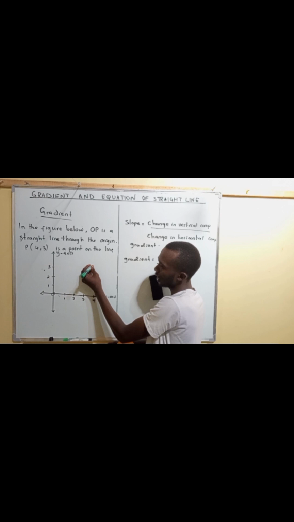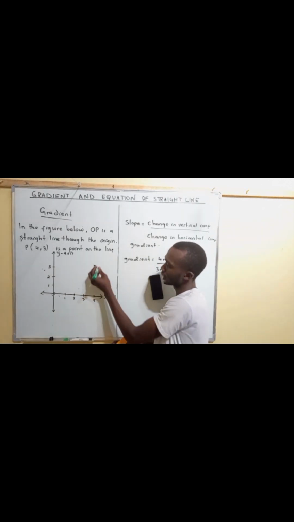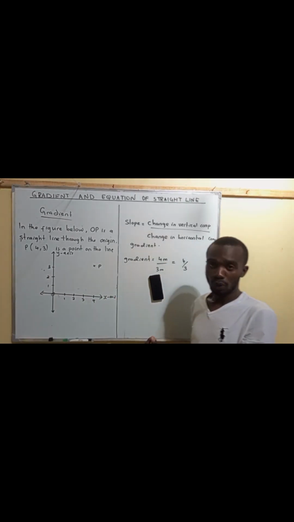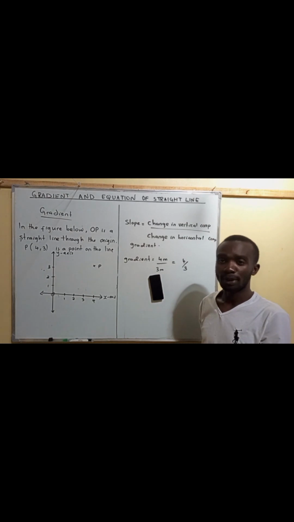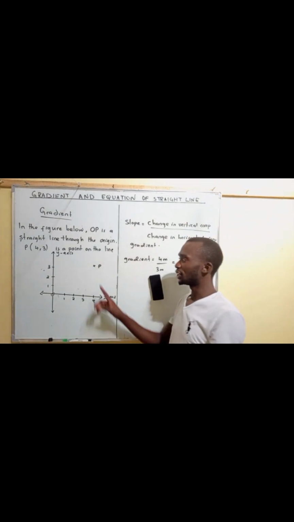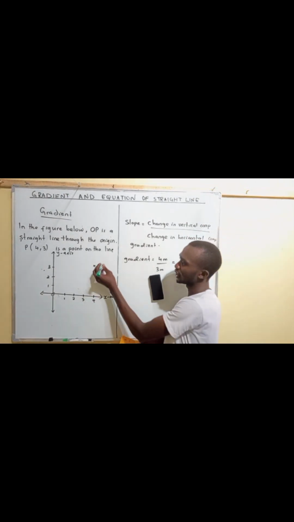If the two meet, we have the point P approximately at this point. I don't have a scale, but it's just a sketch. So this is our point P, whose coordinates are 4, 3.